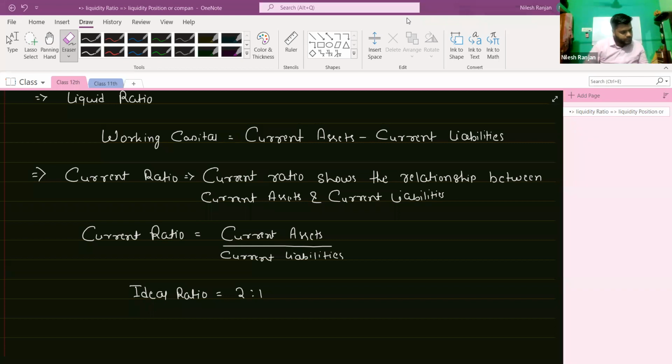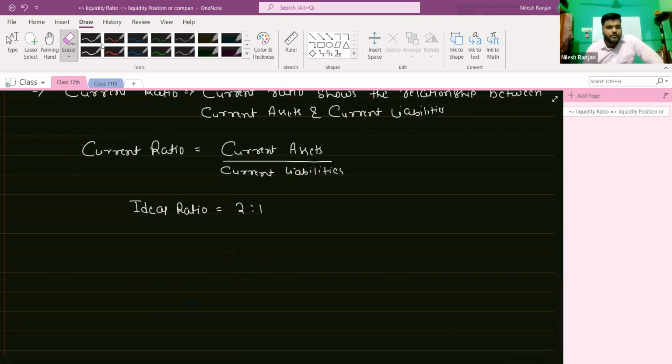Okay, so this is the question. Okay, in this formula you can see that current asset is written.